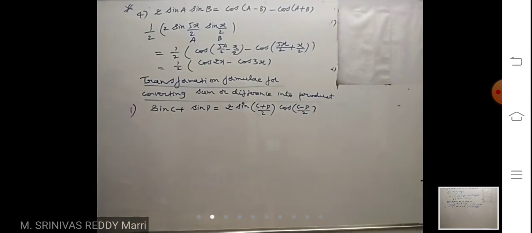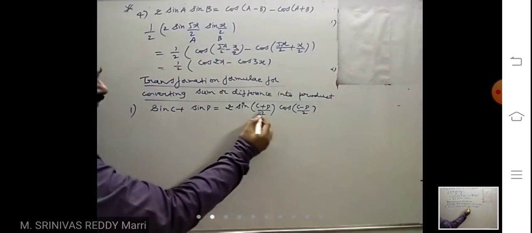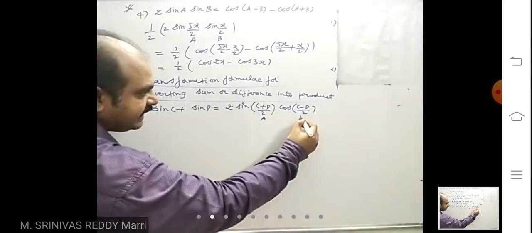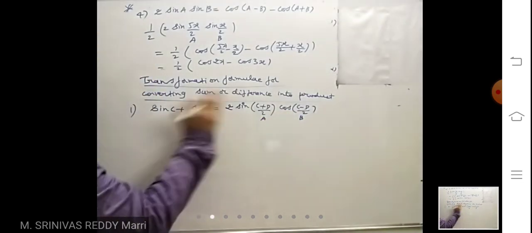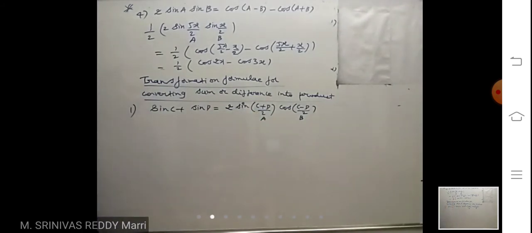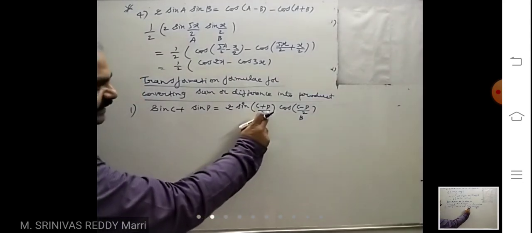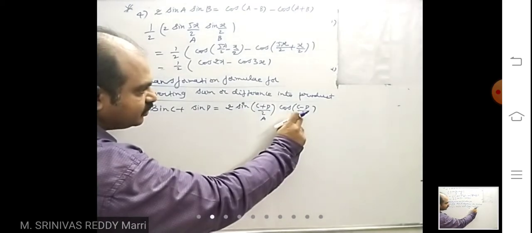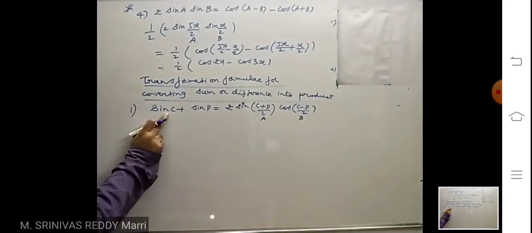In the reverse way, look at. Previously, you got 2 sin A cos B. Now, if you take it as A and B, this converts into sum. So 2 sin A cos B is sin of A plus B. A plus B, this plus this is 2C divided by 2, that is sin C.